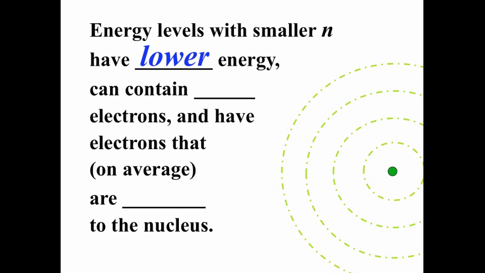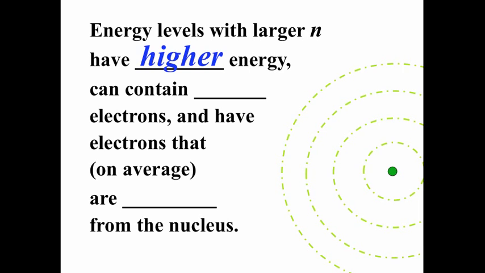The energy levels that have a smaller n have lower energy, can contain fewer electrons, and their electrons are on average closer to the nucleus. So electrons in the first energy level are lower in energy and closer to the nucleus than electrons in the second energy level, which are in turn lower in energy and closer to the nucleus than those in the third, etc. Energy levels with larger n have higher energy, contain more electrons, and are on average farther from the nucleus. Pretty much what we've already said.